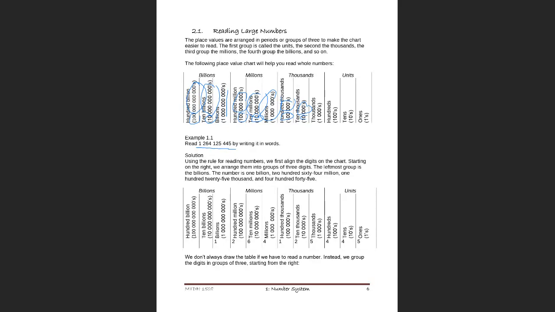Because there are 9 numbers in front here, this one is a billion. This one is 100 million. This one is a million. Then this one is 100, this one is 1,000. Then this one is 100, 10, and 1. So we can say that it's 1,264,125,445.